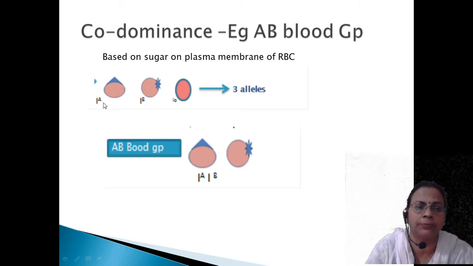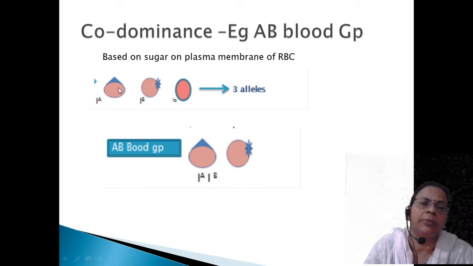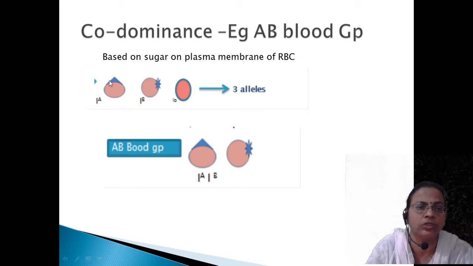That allele we are representing here as IA, which codes for a particular type of sugar coming under the category of A type of sugar. So if on the RBC the sugar is of type A, that will definitely be regulated by the allele IA. I stands for isoagglutinogen.